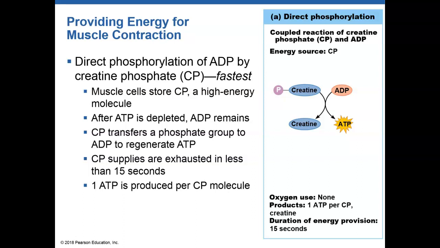Then when we do need ATP, the ADP that is in our cells, which is easily stored, can pick up the phosphate from the creatine in an exchange reaction, and we produce more ATP that can be used. So this can give us a very small amount of energy, about 15 seconds. If you're thinking of a run, the first 15 seconds of that run would be using this creatine phosphate.